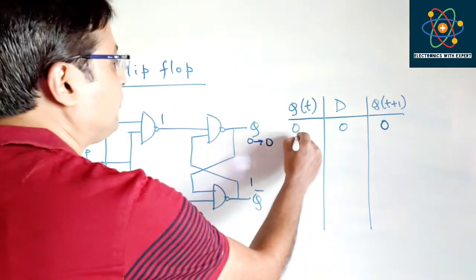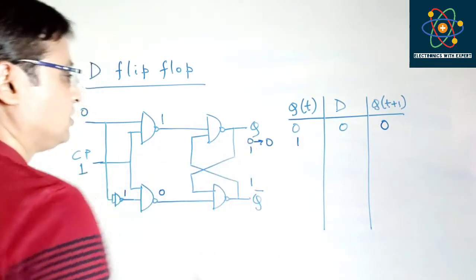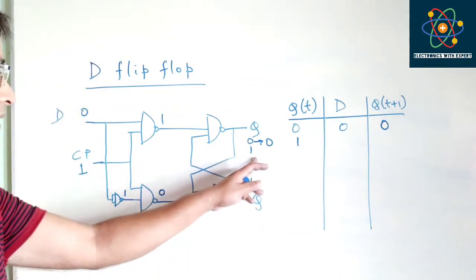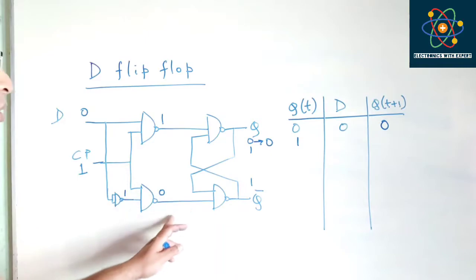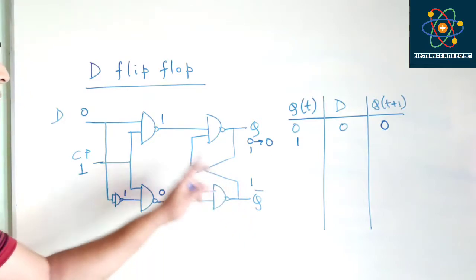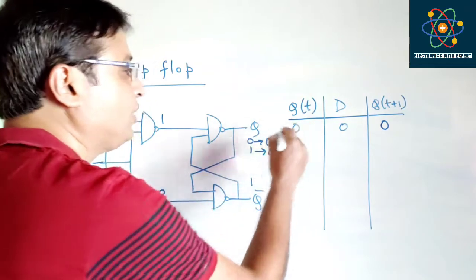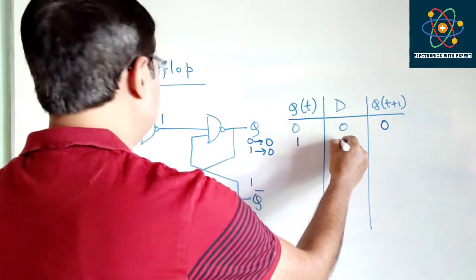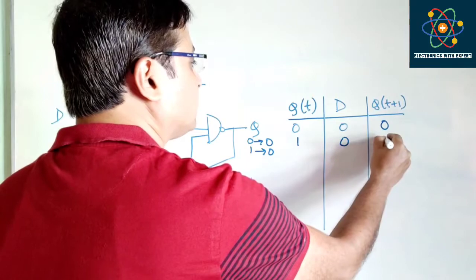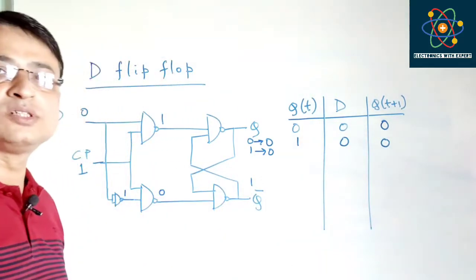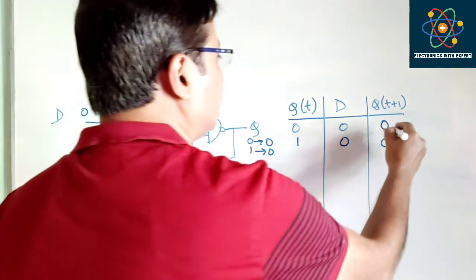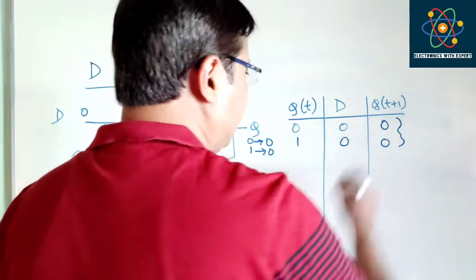Now what happens if Qt is 1? For Qt is 1, this means 1 and 0 makes this 1, and 1 and 1 makes this again 0. So for Qt 1 and D equals 0, it makes Qt plus 1 equal to 0. So this is the reset case.